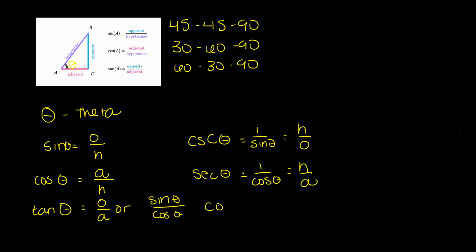And then we have the cotangent. The cotangent of theta is going to be 1 over tangent theta, or adjacent over opposite, or cosine theta over sine theta. All right, so there are 6 basic trigonometric functions right there.